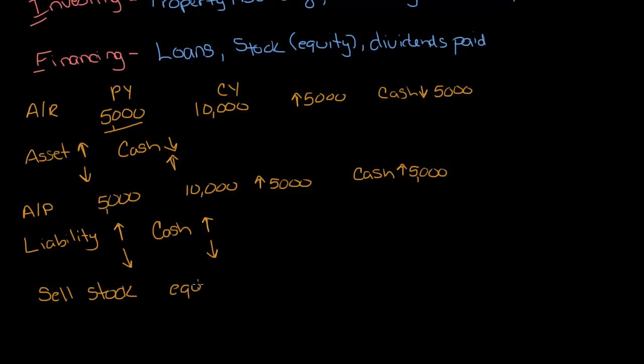My equity account goes up. And what do I get in exchange for giving that stock? I get cash. So my cash goes up. Okay, so all assets act the same way, all liabilities act the same way, and all equity acts the same way.